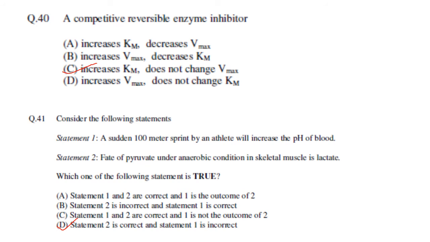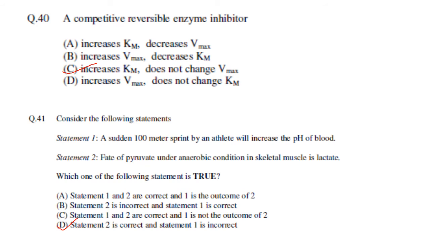Next one, consider the following statements. A sudden 100-meter sprint by an athlete will increase the pH of the blood. Next, the fate of pyruvate under anaerobic condition in skeletal muscle is lactate. Which of the following statements is true?